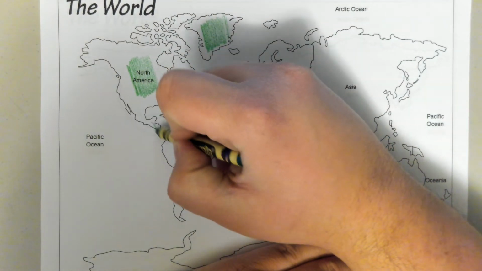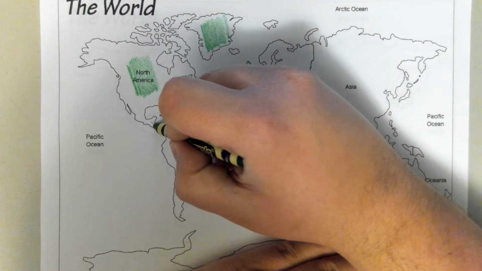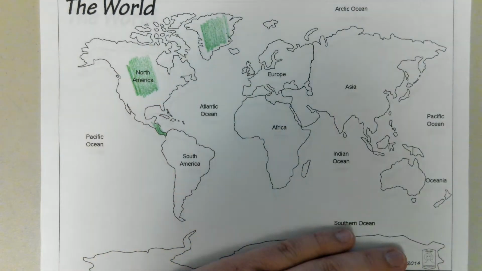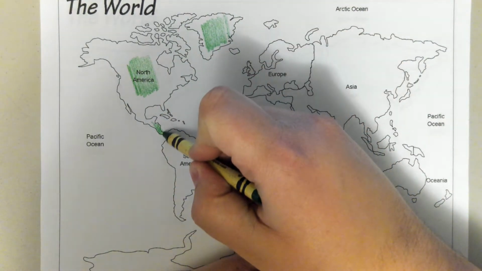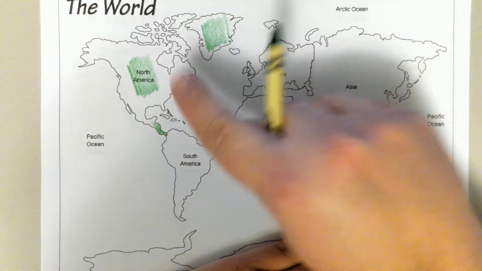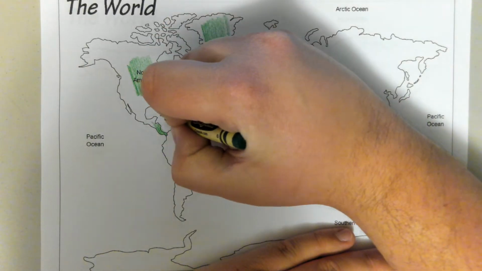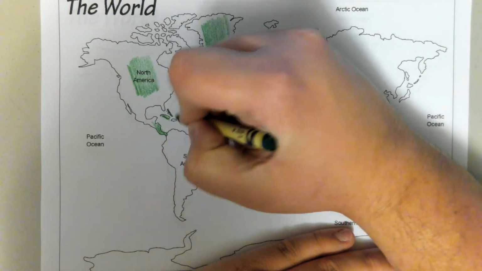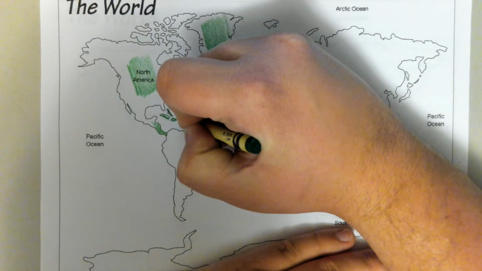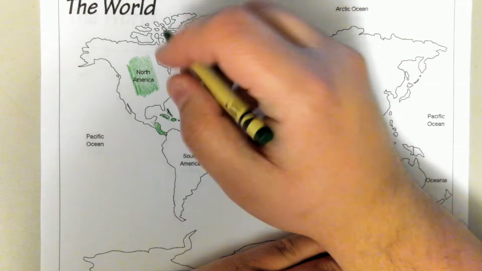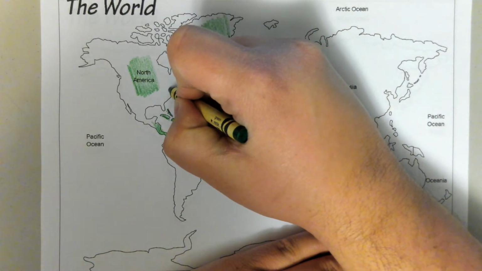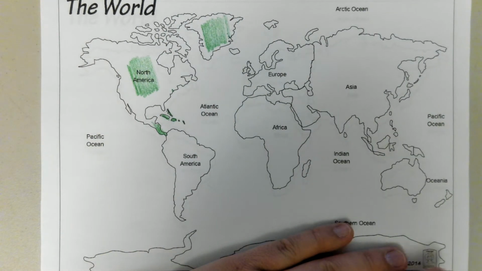Now this right here, this area, is actually called Central America, but it is part of North America, and it stops where that line is. These islands in the Caribbean and the Atlantic, these are also part of North America, so they should be green as well. We live on North America, and we live in New Jersey, which is right about there.